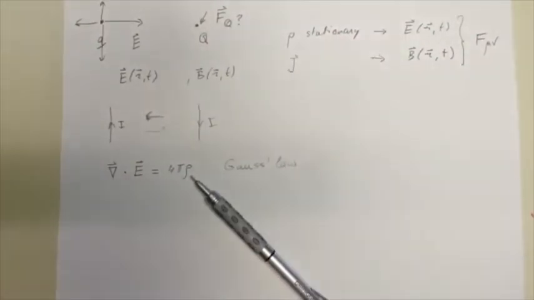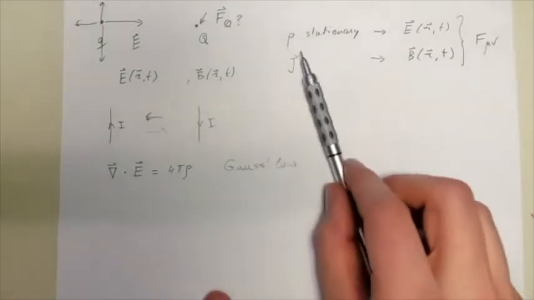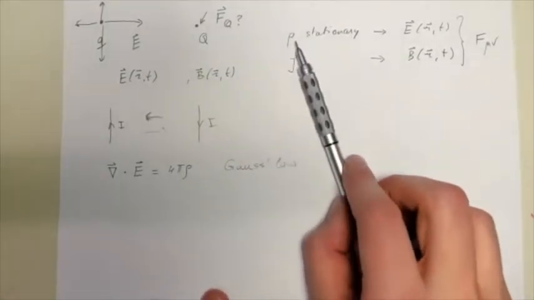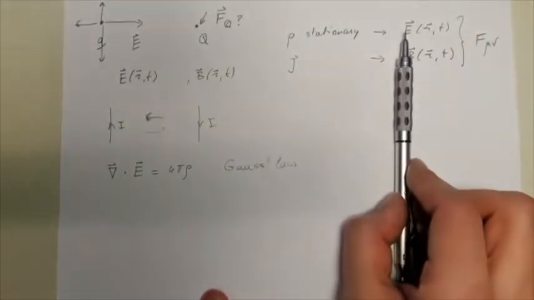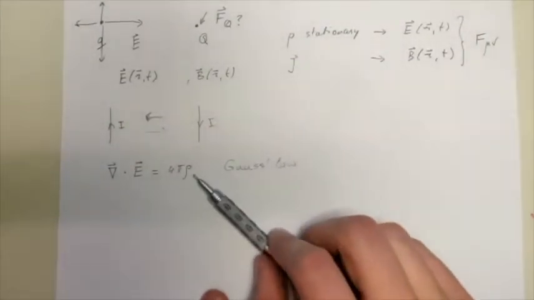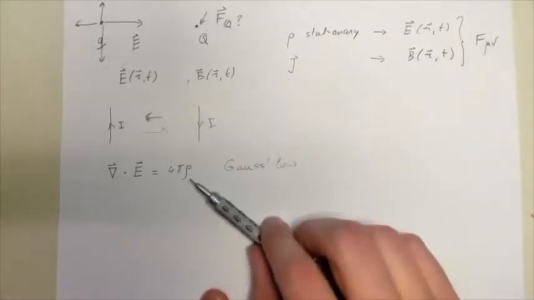So Gauss's law says exactly this thing, right? So you have a stationary charged distribution rho, and then that gives you the electric field through this differential equation.